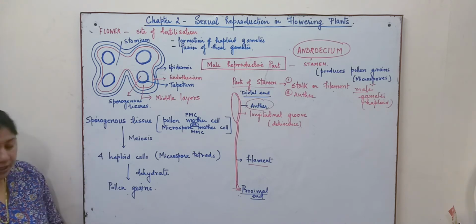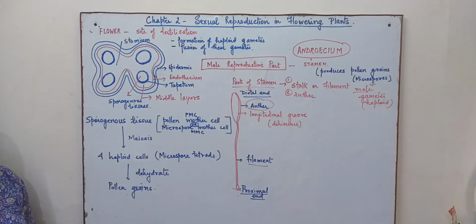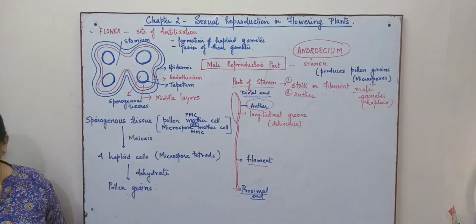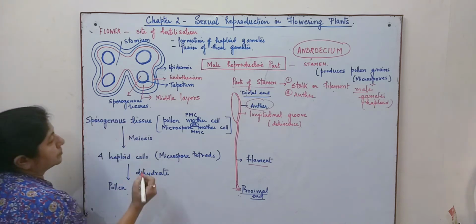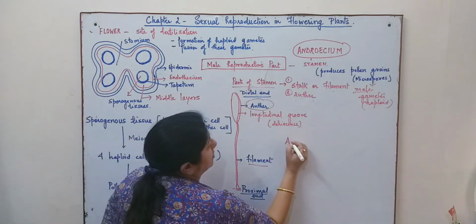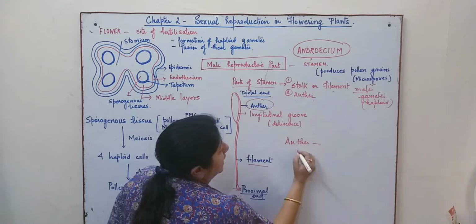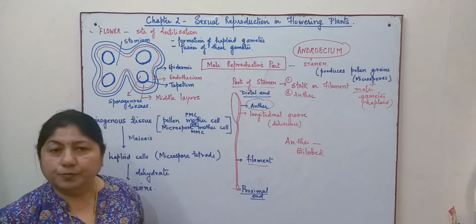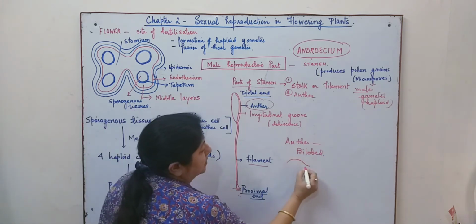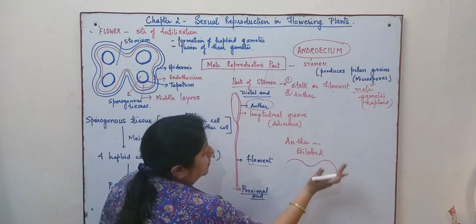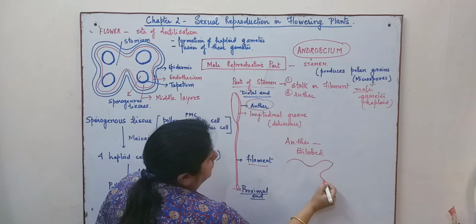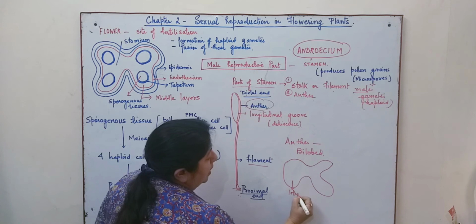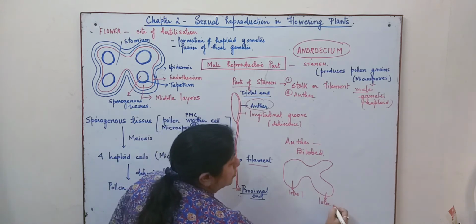Now coming to the structure of the anther, the anther is bi-lobed. When we say the anther is bi-lobed, this is lobe 1 and this is lobe 2.